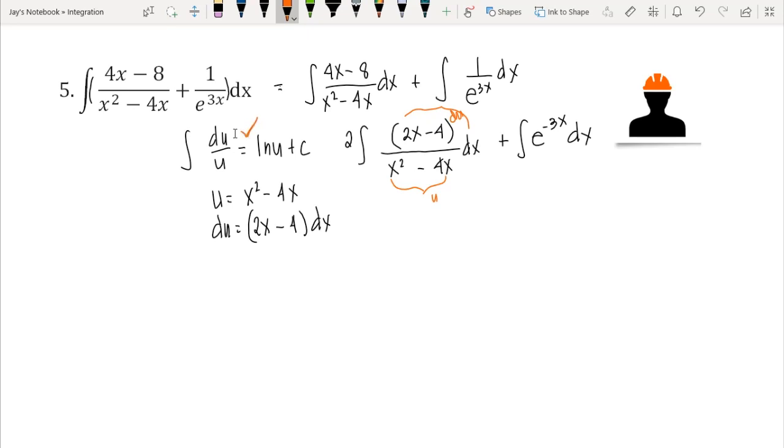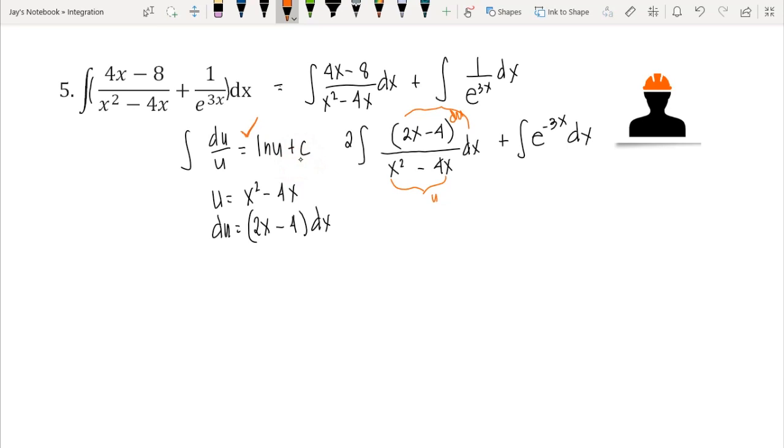So we can now use ln u, natural logarithm of u plus c, without introducing a multiplier. Again, we may not introduce a multiplier, since this has already been satisfied. We are done with the first term.